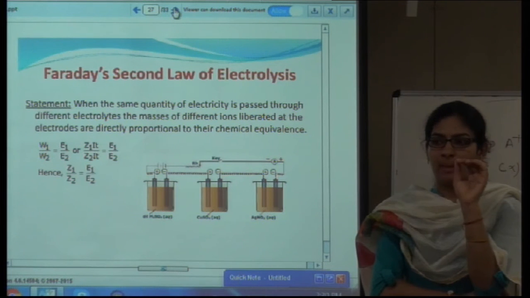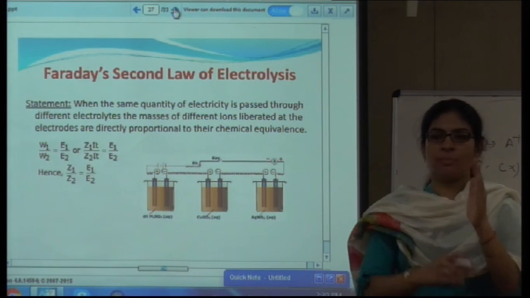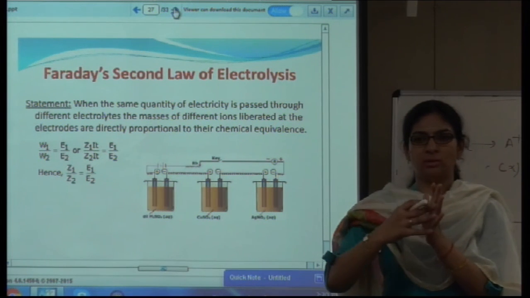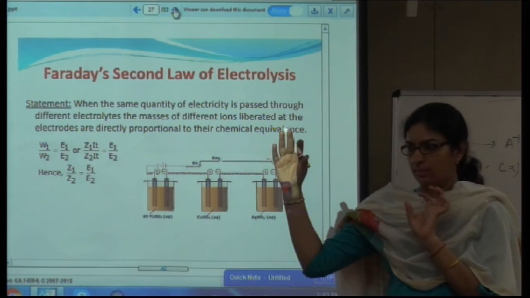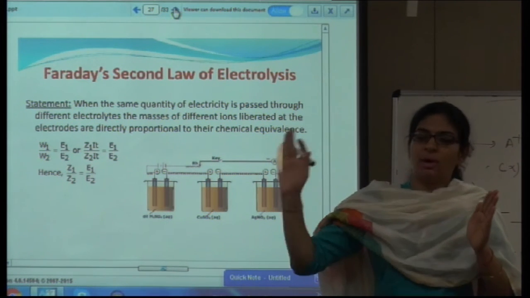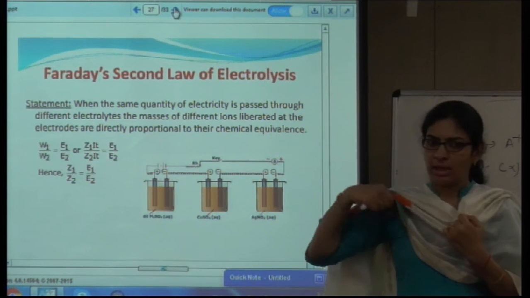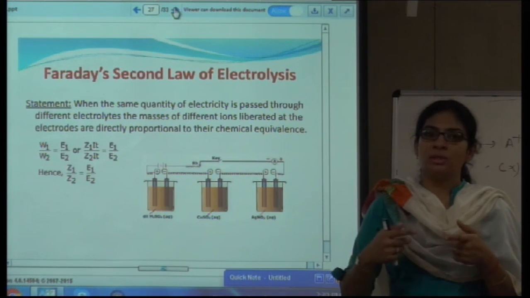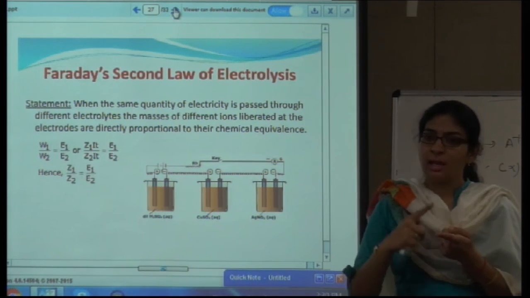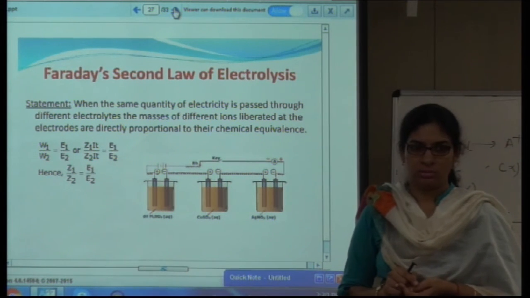It says that suppose you have different electrolytes and you connect them in series, you pass the same amount of charge through them, correct? Then you want to see whether the same amount is being deposited on each electrode or not, right?